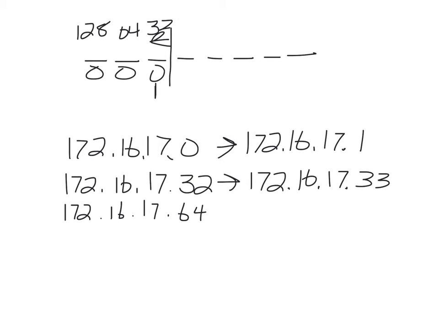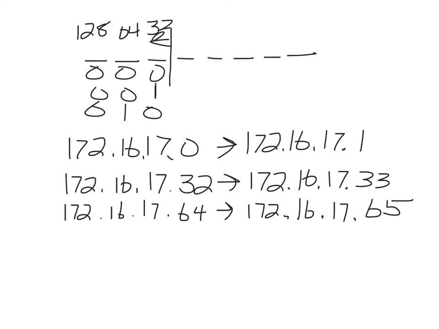So that would be like a 0, 1, 0 if we were looking at those up there. 172.16.17.65. Alright, and then you could write out the rest, the 8, decide which ones you're going to use for which VLANs. That's it.